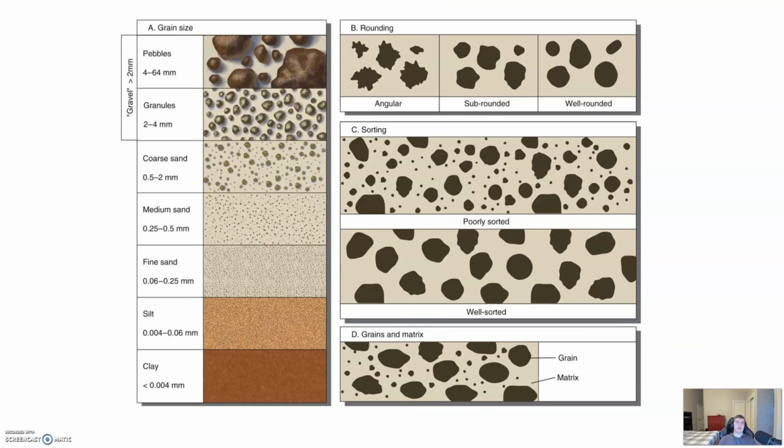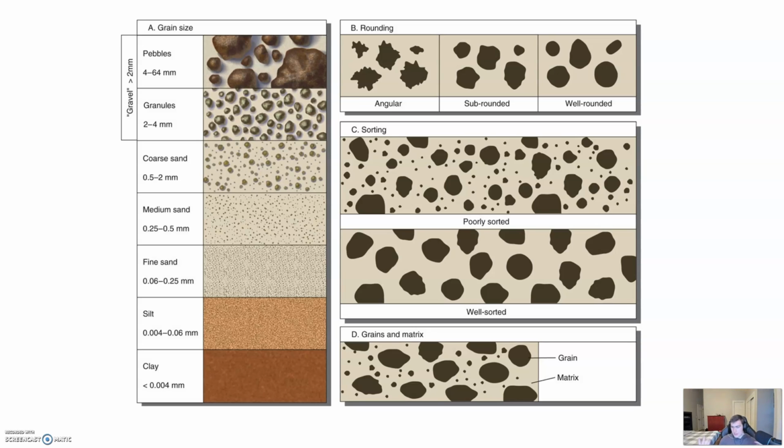We would also see something called a conglomerate, which would be something that's very poorly sorted and made of a variety of different sizes of sediment, and has been cemented and compacted together in a relatively quick manner compared to something like sandstone or siltstone, which would be made of silt size sediment.